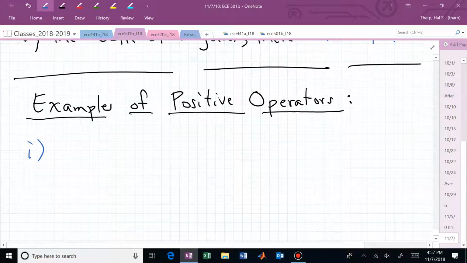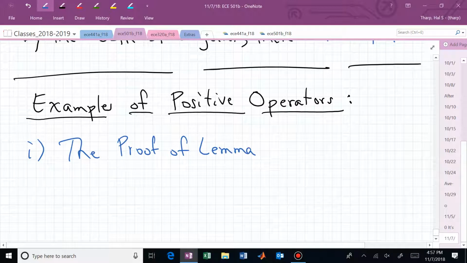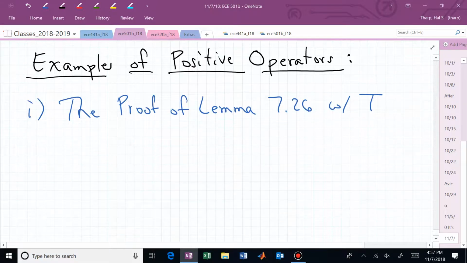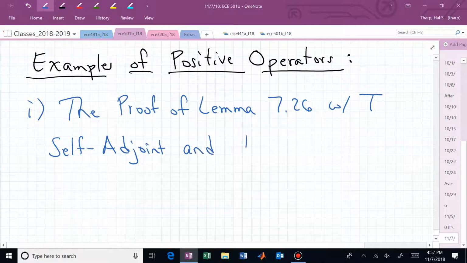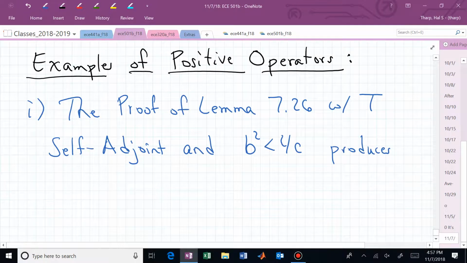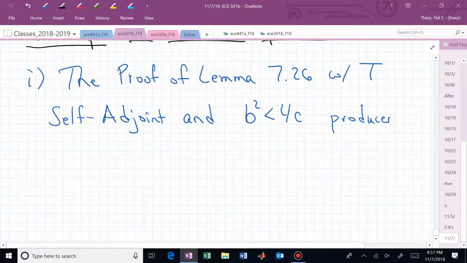Remember in the proof of lemma 726 with this linear operator T, when it was self-adjoint and b squared was less than 4c, that produced a quadratic expression that was positive.